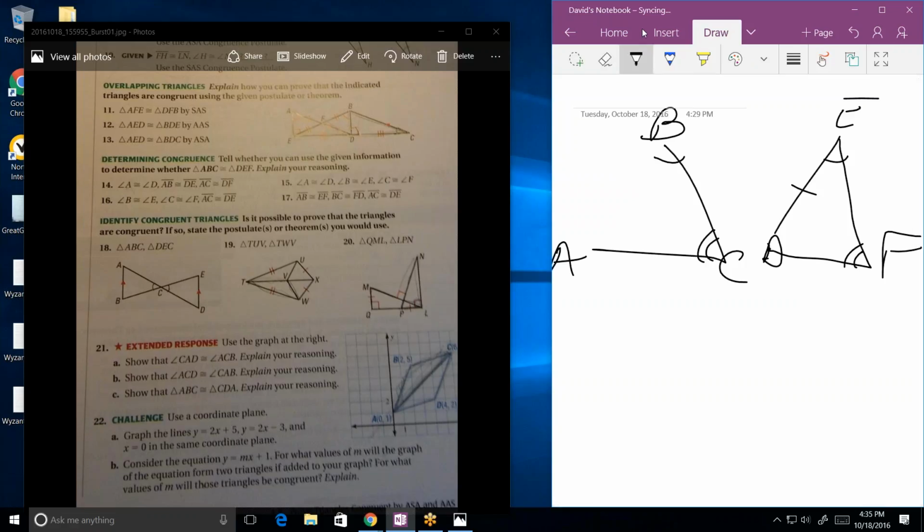If it was that one, then we'd have angle, angle, same side, right? The fact that AC is equal to DE instead of DF, that's what bothers me.